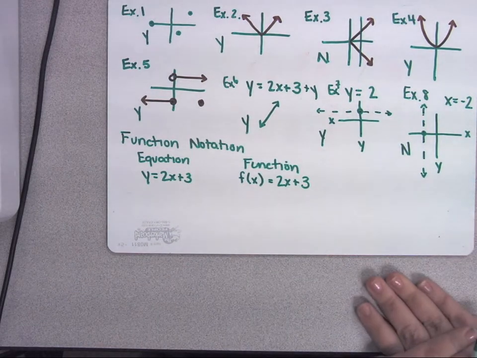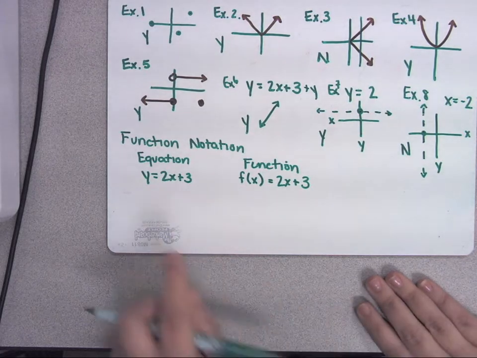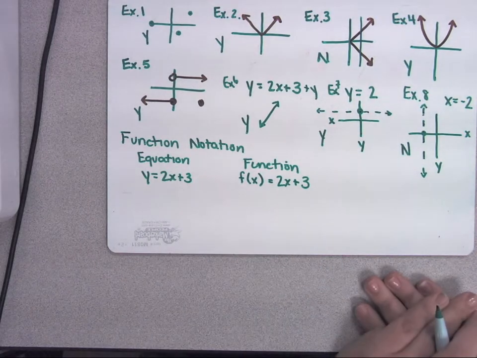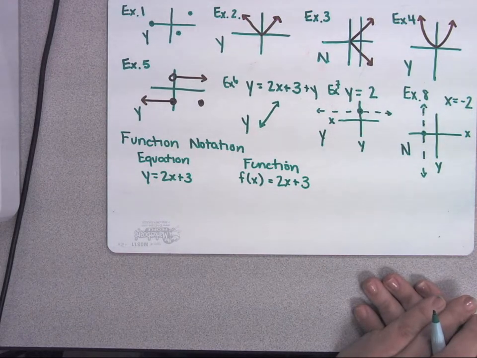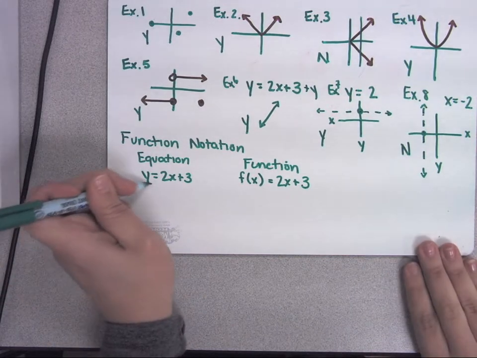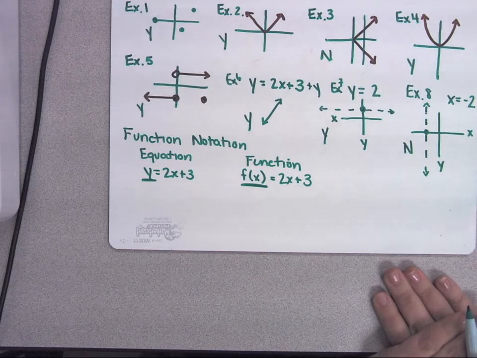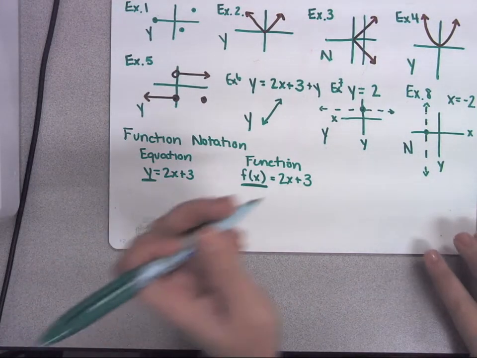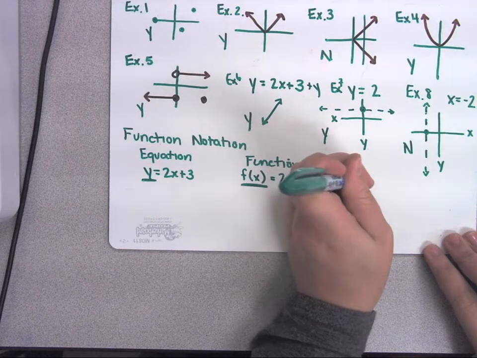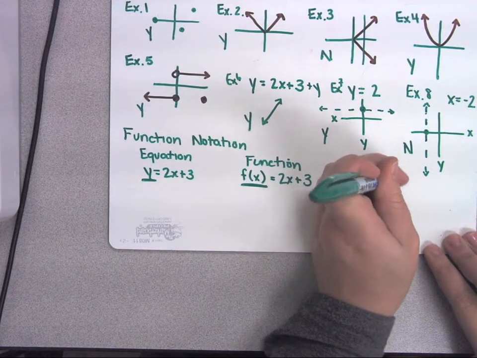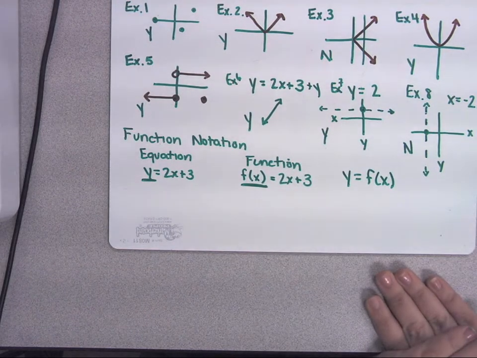What is the only difference between the equation and the function? This says y equals, this says f parentheses of x parentheses, right? They're exactly the same thing. Well, here's a fun fact. y is the same thing as f of x. They are actually the same thing.